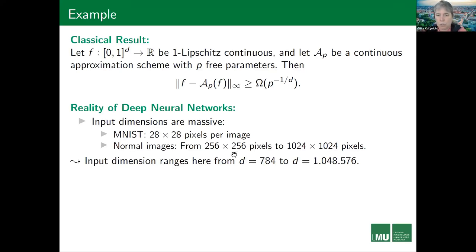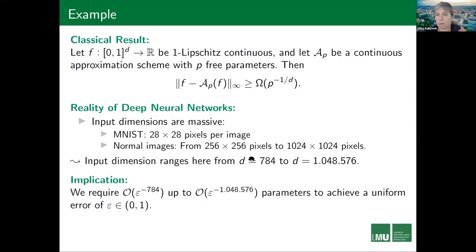So the dimensions which neural networks need to deal with are actually massive. If you would like to approximate with an error epsilon, and ask how many free parameters you actually need to get an approximation accuracy of that type, then you see that the dimension goes up in the exponent.